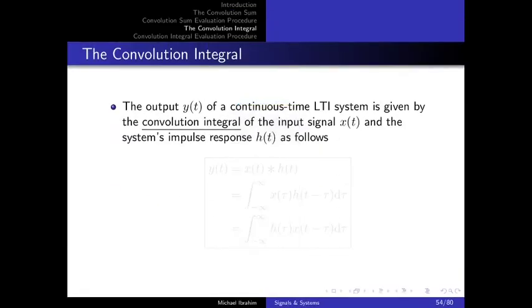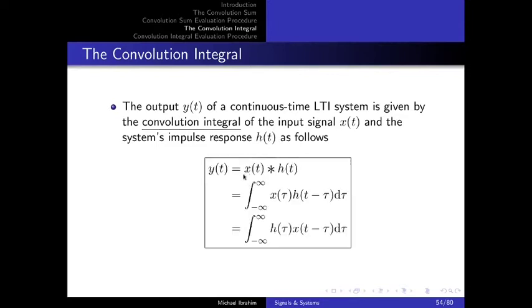So going back to our slides, the output y of t of a continuous LTI system is given by the convolution integral of the input x of t and the impulse response h of t. And the convolution integral is defined as follows. So y of t is equal to x of t convolution h of t. First step, we replace the variable t with a dummy variable tau.